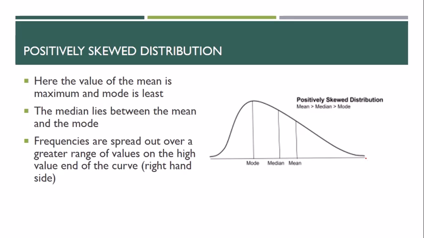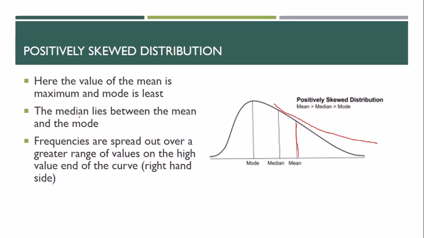The graph of a positively skewed distribution might look like this, where you can see that over here we don't have a bell-shaped curve, but the tail is extended towards the right-hand side, and you can see that here the mean is over here, the median is lesser than the mean, and then the mode.